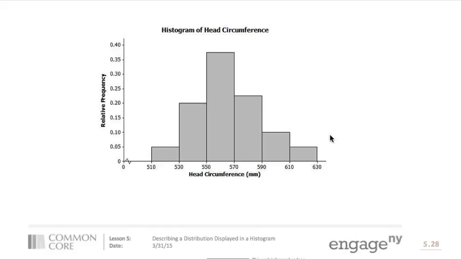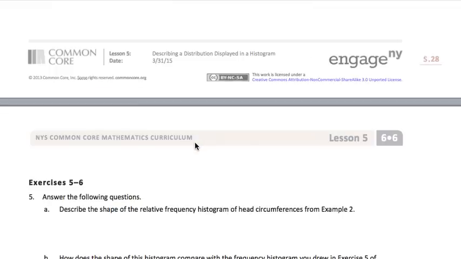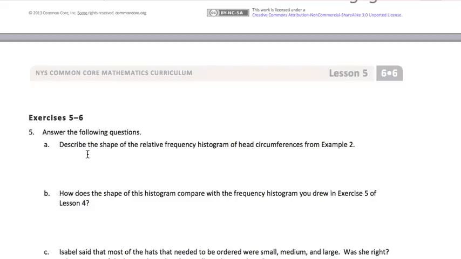There's nothing that's unusually to the left or unusually to the right. This histogram, if you recall, is exactly the same shape as the histogram that we completed for the same data in Lesson 4.